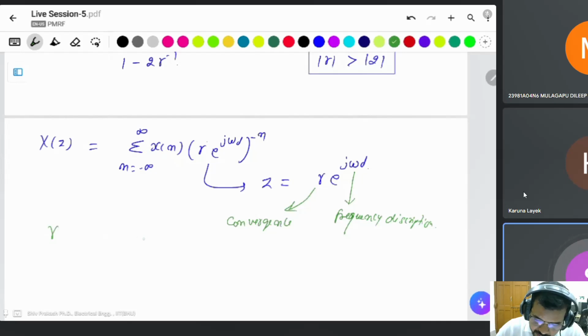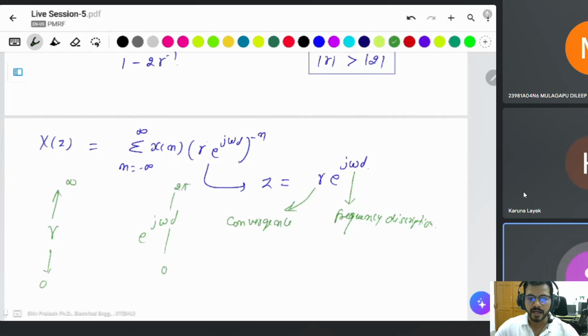Or r and e power j omega, this will vary from 0 to infinity. This also varies 0 to 2 pi, because this will be the angle, j omega d is there, that's why this will be 360 degrees, and r will be 0 to infinity.